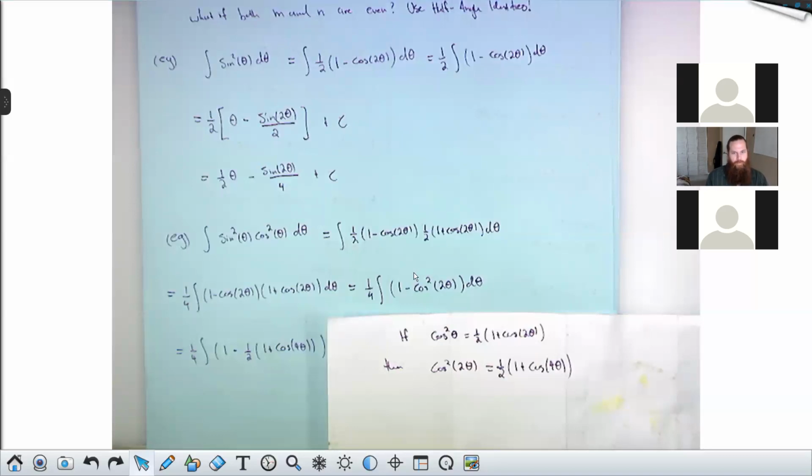Everybody with me? This piece, just this piece, I replace using this modified half angle identity. So you do really need to be a wizard with your trig identities to survive Calc 2, it's true.